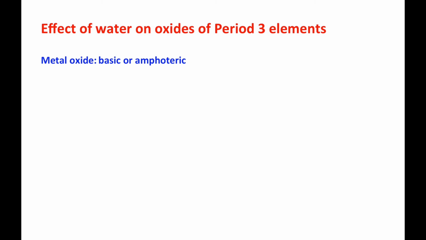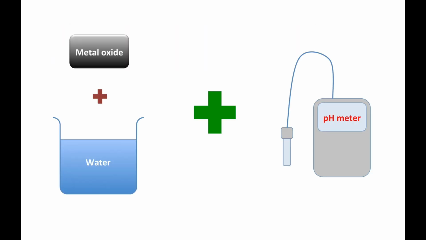Now, before we go to further discussion on this topic, students should understand how we can compare or predict the properties of oxides. Most of you may think of dissolving the metal oxide into water, then measuring the pH value to see if it has basic properties.